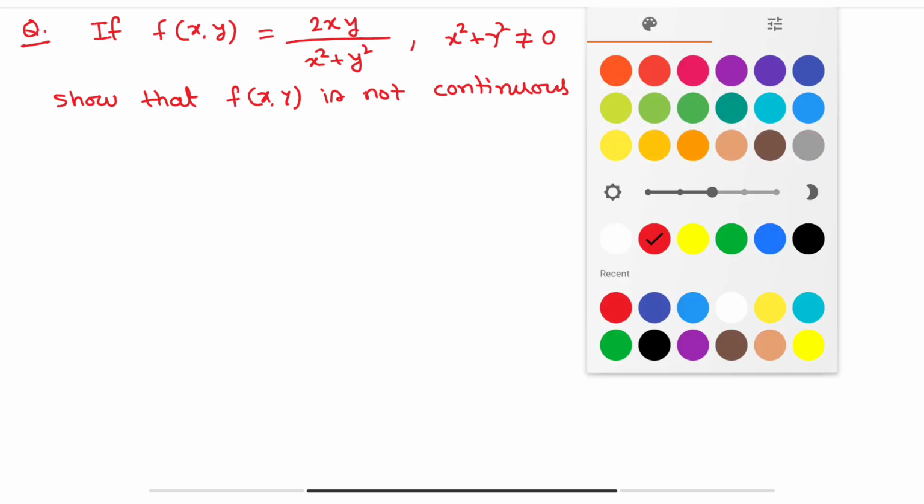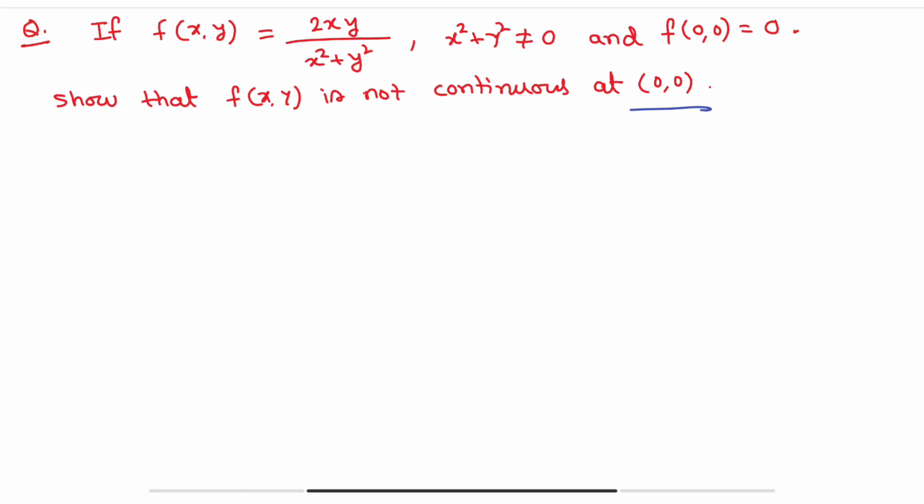Now obviously we have to find the limit at the origin. The functional value f(0, 0) equals 0. If the limiting value and the functional value are equal, then obviously it will be continuous. If not equal, then the function will not be continuous. So, solution.